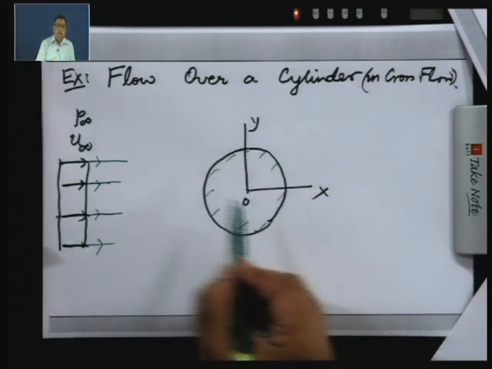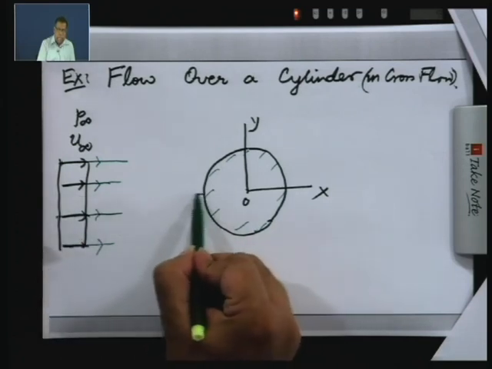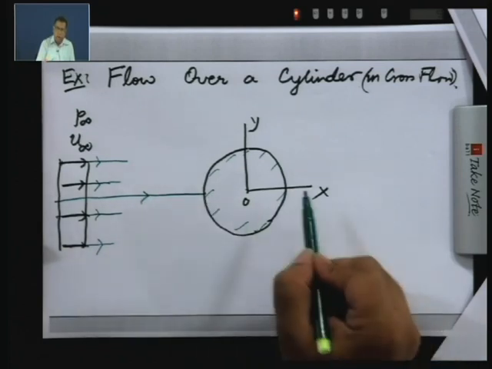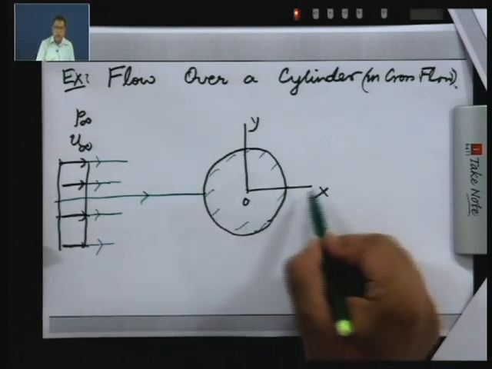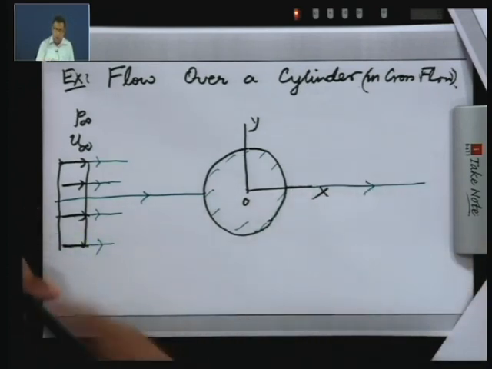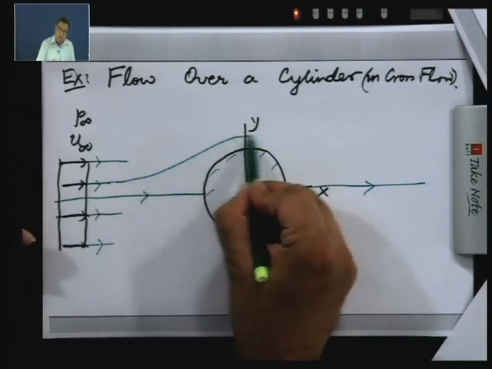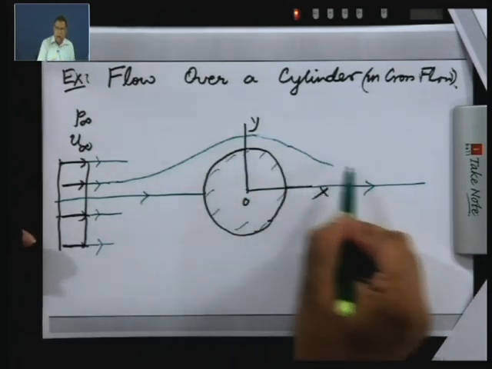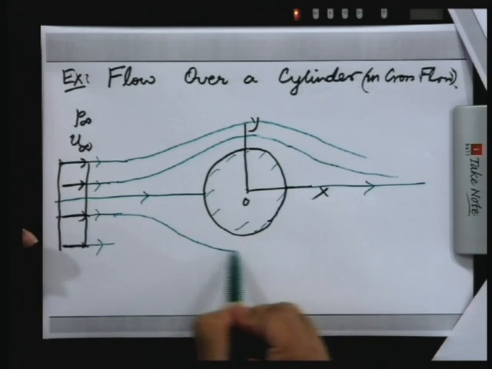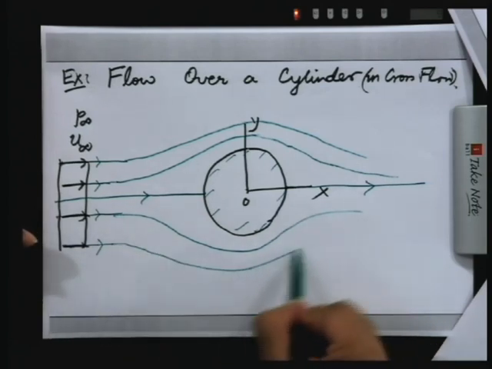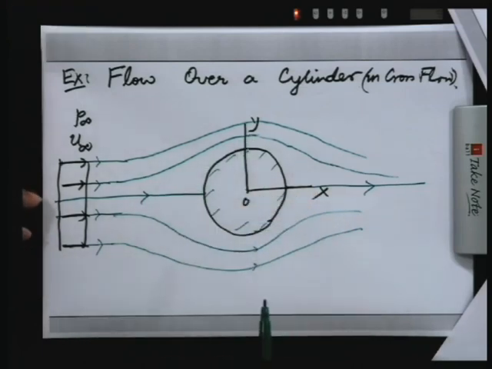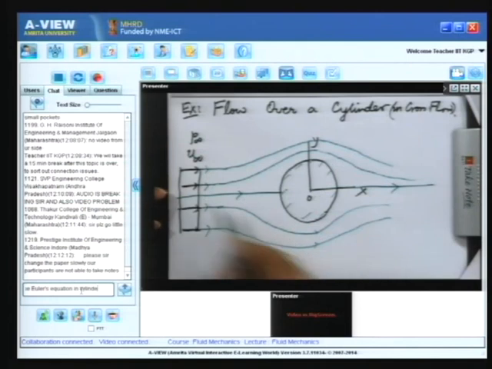Now, if you do a flow visualization, you will see that you will have one streamline which comes horizontally and hits this point here, and quite often the flow pattern may be steady and symmetric, and you will have a streamline this way, and the other streamlines will become curved and go over this. Now, of course, the flow pattern for viscous flow will depend on the value of the Reynolds number, and you have different flow patterns, but if you have inviscid flow, which we will discuss in greater detail towards the end of this course, you will have a pattern like this.